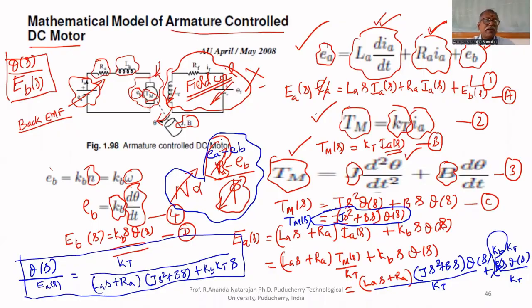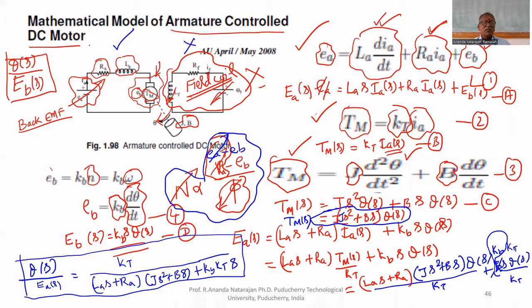Either you can control the speed by adjusting EA or by adjusting flux. In the armature controlled DC motor, we are not adjusting the flux. Flux remains constant. That's why there is no equation for the field part. We are writing equations for this part only. By adjusting EA, we are adjusting speed. That's why it is called armature controlled DC motor.